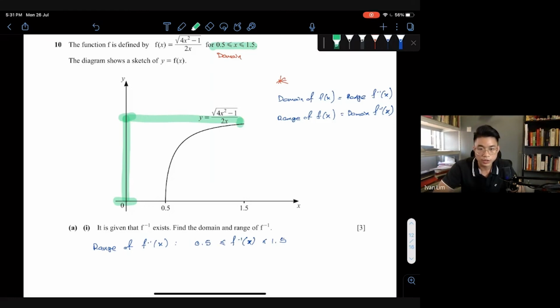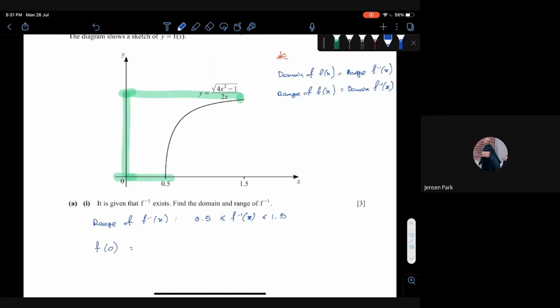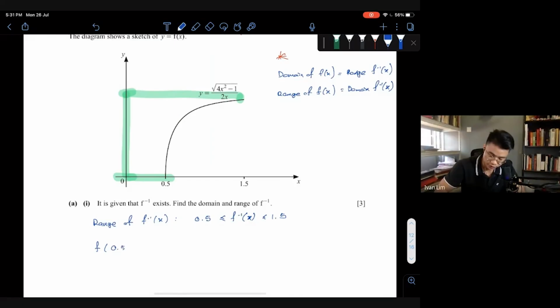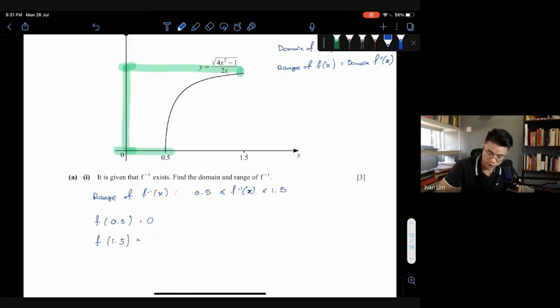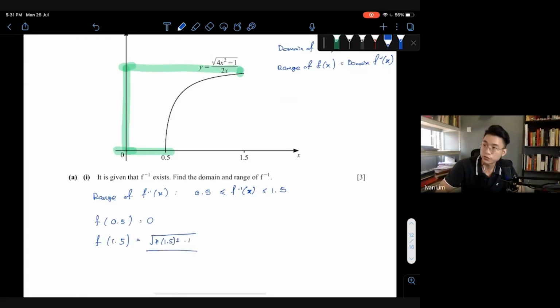So our smallest value, you just sub in 0.5. f(0.5) we can see from the graph already is 0. f(1.5), so we calculate it: 2 root 2 over 3, or 0.943.